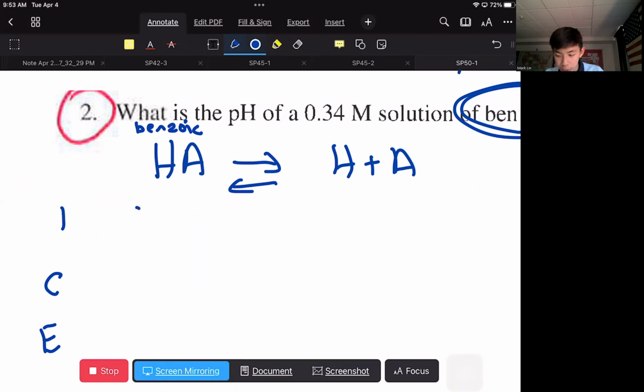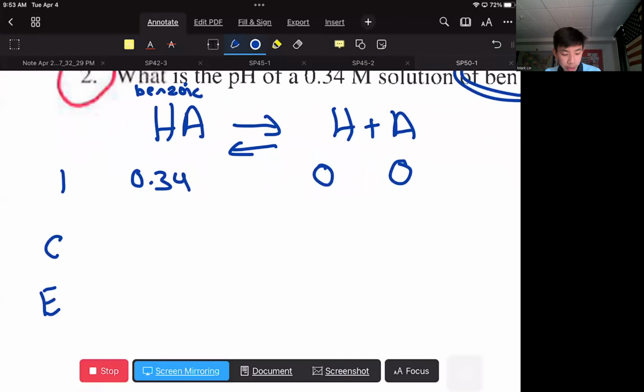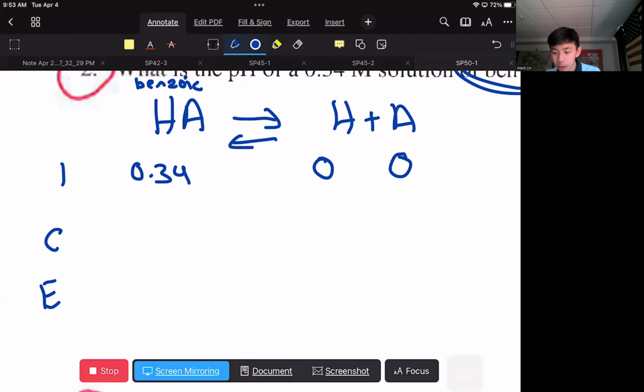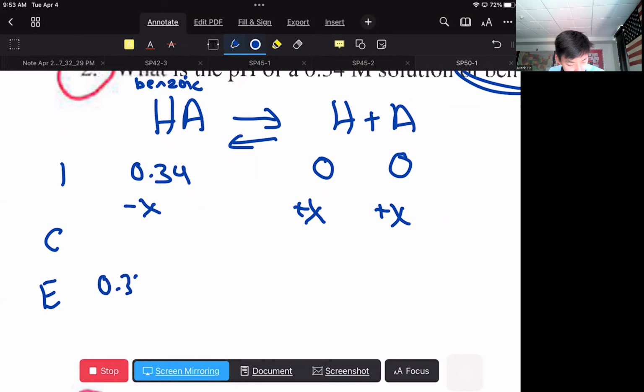So it's 0.34, and these two are both zero because at the start of the reaction it's zero. The change is minus X, plus X, plus X, and the equilibrium is going to be 0.34 minus X.